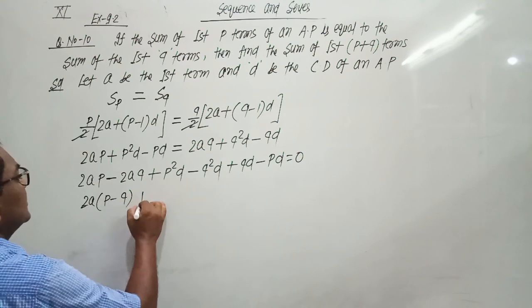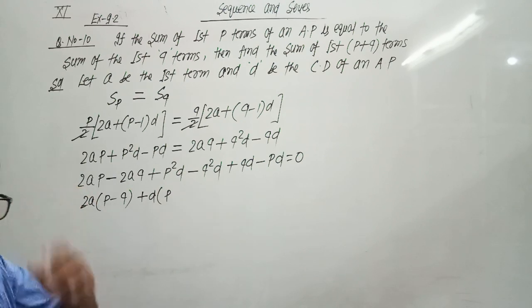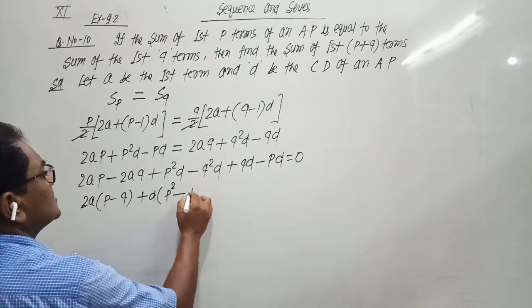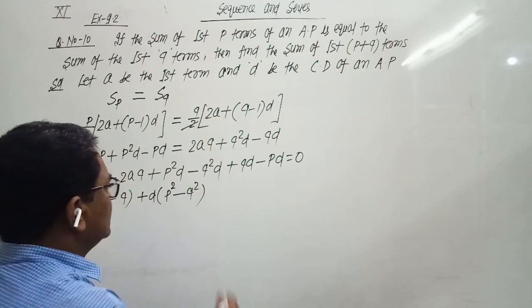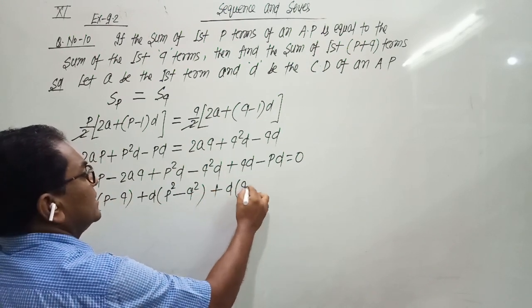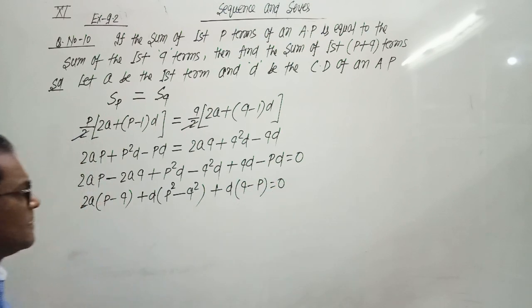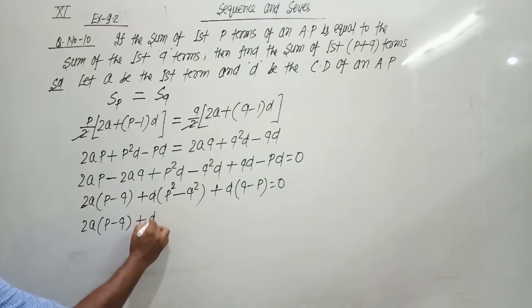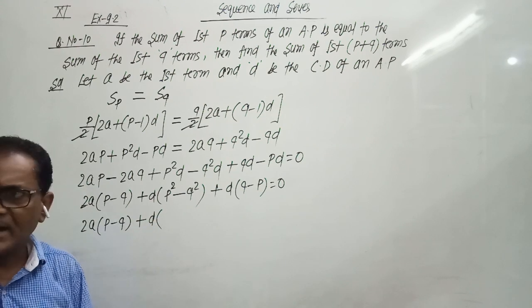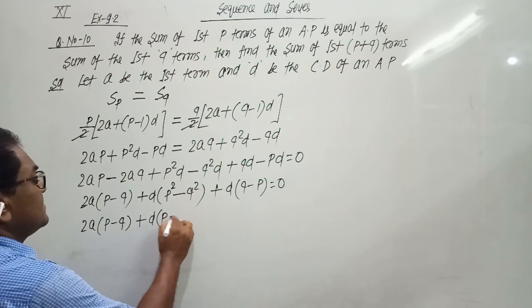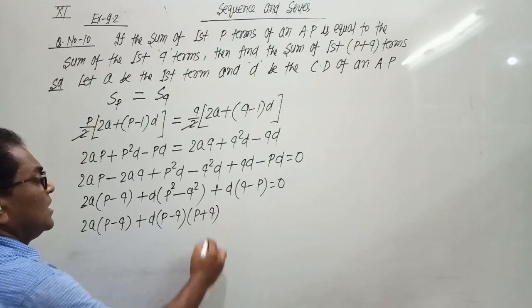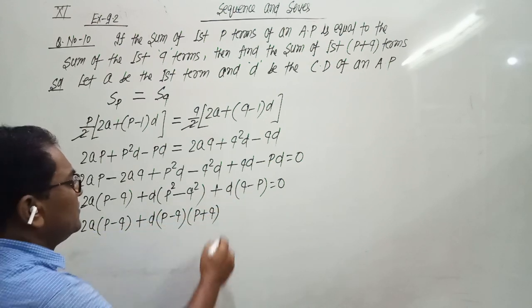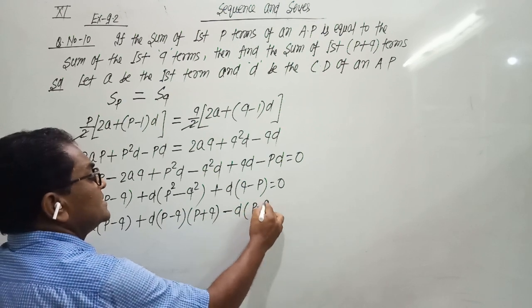From the next two terms, d is common, so we get d(p² − q²). And from these last two terms, d is taken common, so we get d(q − p) equals 0. Now p² − q² is written as (p − q)(p + q), and from the last bracket we take minus common, so we get −(p − q).